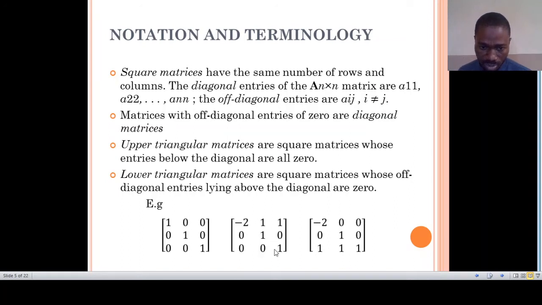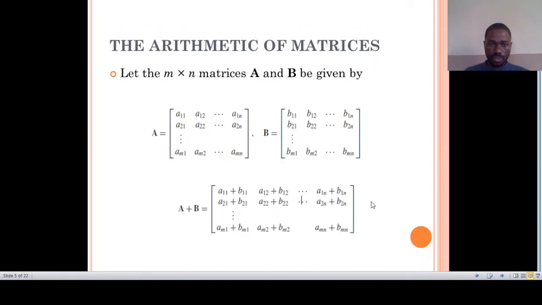As you can see, here's the diagonal, and the entries below the diagonal are 0, while lower triangular matrices are the ones with off-diagonal entries lying above the diagonal equal to 0. Here we have those entries above the diagonal being 0. This is also known as a lower triangular matrix. Please take note of all these notations. You are going to be applying them shortly. Let's continue.